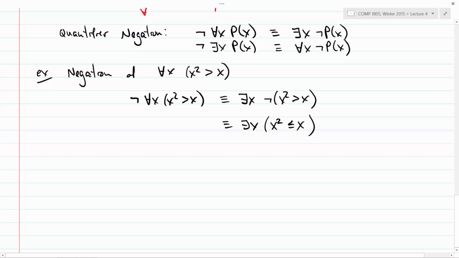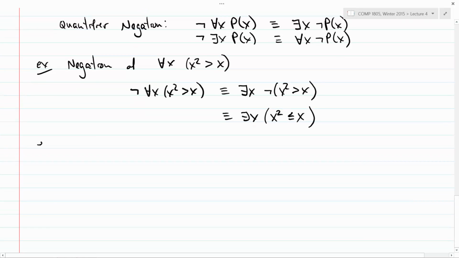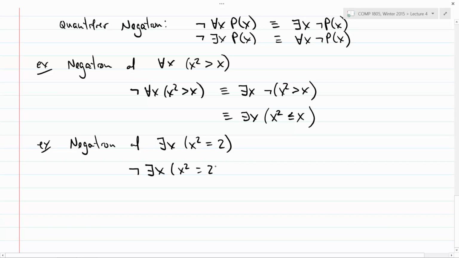All right. So what about another example? And that's the negation of there exists an x such that x squared equals 2. So I want the negation of exists an x such that x squared equals 2.